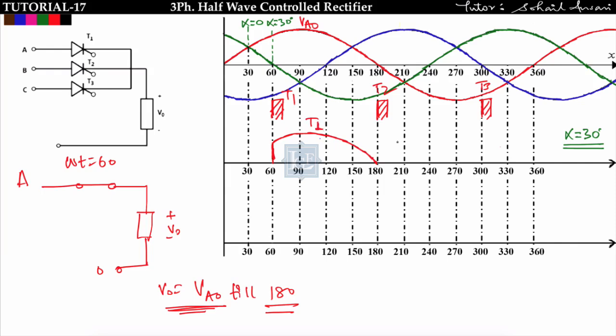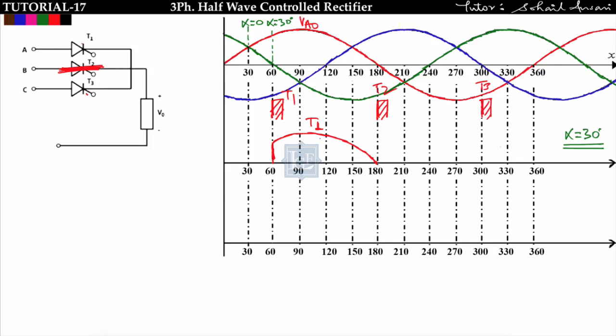Is it fine? After 180 degree I am triggering T2. The moment when you trigger this T2, T1 will go into reverse bias and T3 is not triggered. So these two are open circuited, and T2 starts conducting at omega t is equal to 180. So the moment when you trigger T2 at omega t is equal to 180, I will get output voltage from B phase.